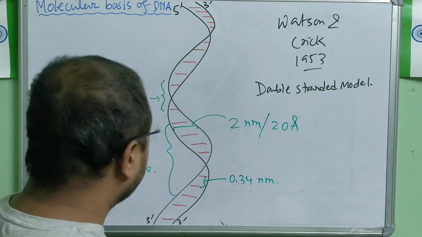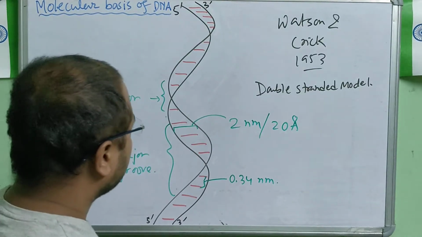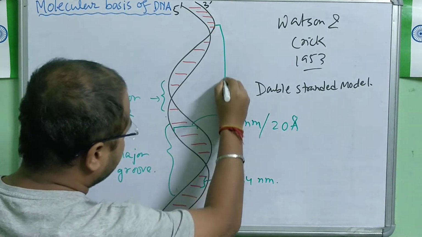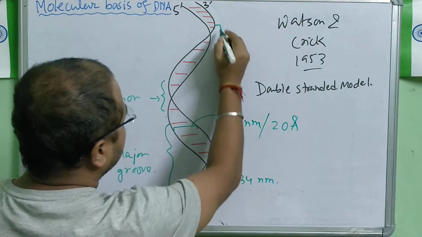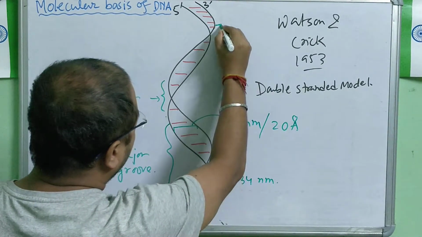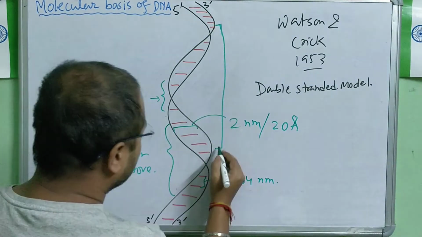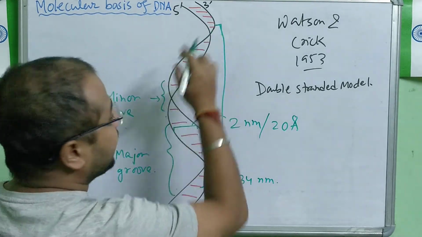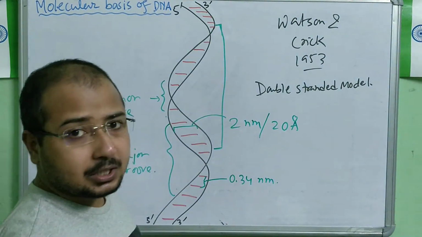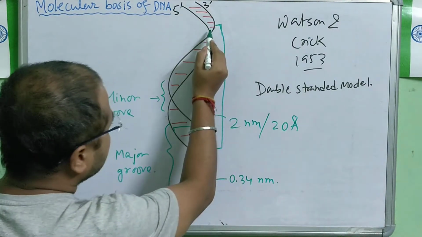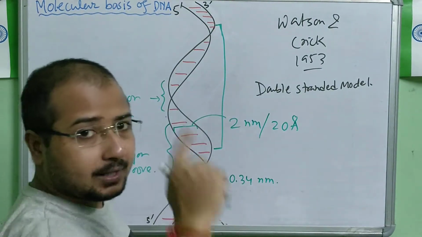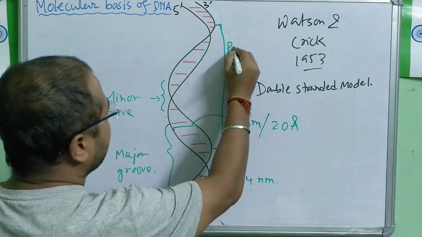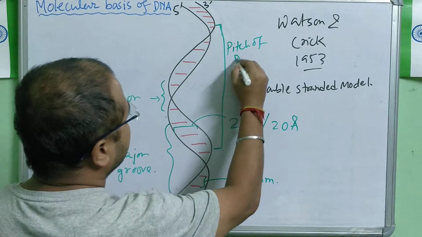Now look at here, from this position, from this area of the strands, curve position, from here till here, this part, you can understand, this is one turn of the strand. One turn of the strand from here till here. So that is the pitch of the DNA. What is it called? It is the pitch of DNA.